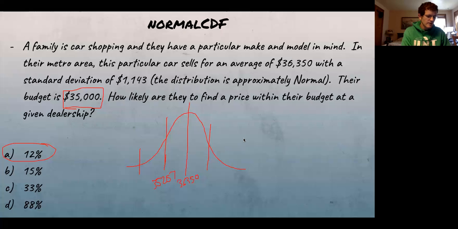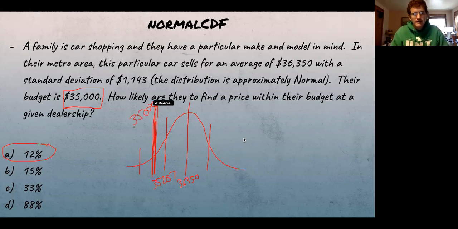So there's 35,000, and that's their budget. You don't break your budget, you don't go above it. So we're looking for this area below. So really it's as simple at this point as finding what that z-score is and setting our upper and lower bound, normal CDF.